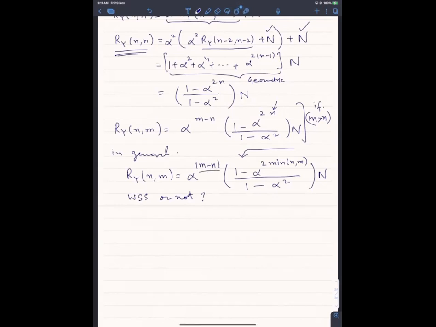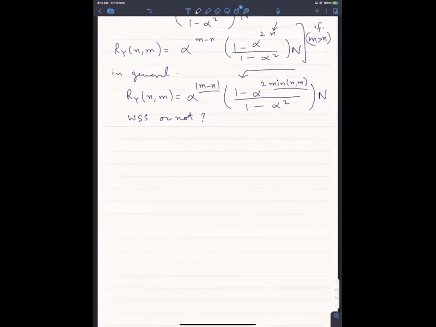It appears in one place but not in the other. If I put m equal to n, I will still be left with m and n here. So there is another example of a first order autoregressive process, which will be given in the notes that I will upload, and we will take a look at that.